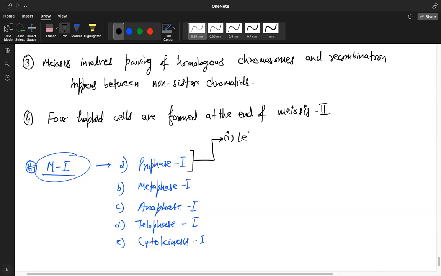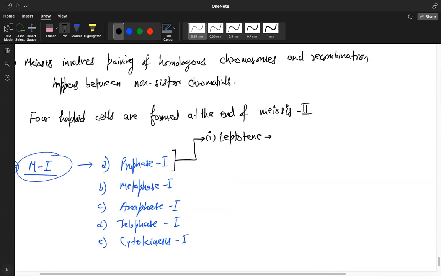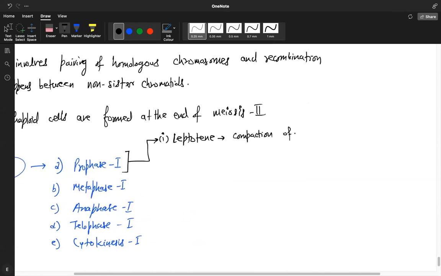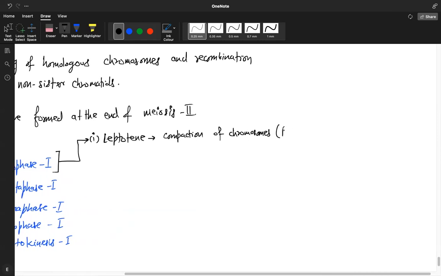It's called leptotene. In one line, what happens in leptotene? Chromosomes appear like a beaded structure. Which means compaction happens, right? Compaction of chromosomes.